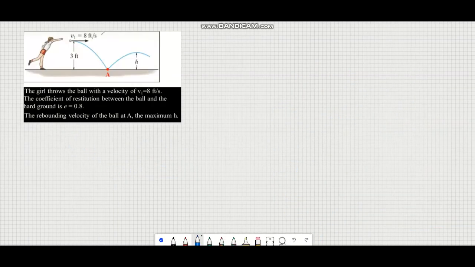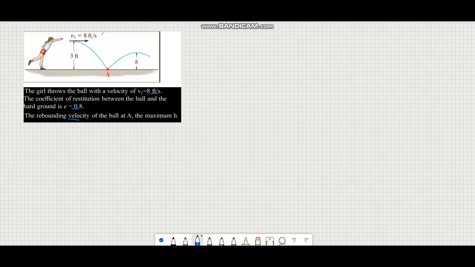In this question, a girl throws the ball with a velocity of 8 feet per second in the x direction. The coefficient of restitution between the ball and the hard ground is 0.8. We are going to find the rebounding velocity of the ball and the maximum height h after the rebounding.